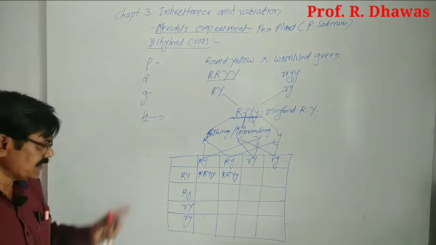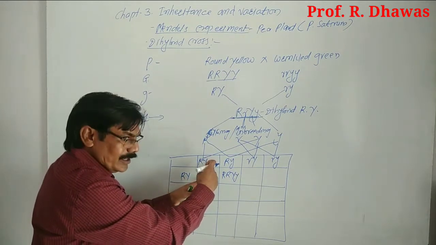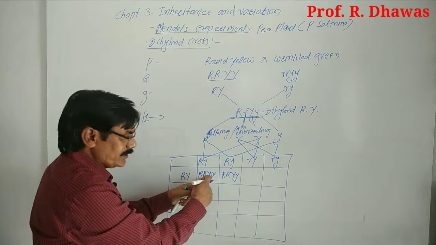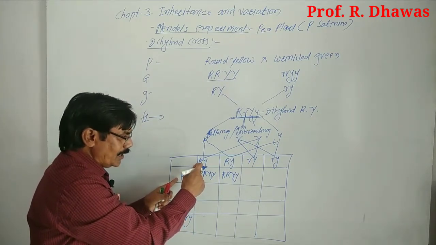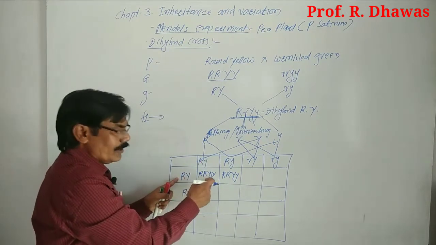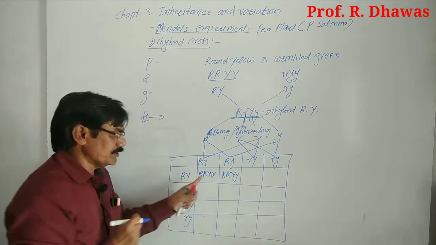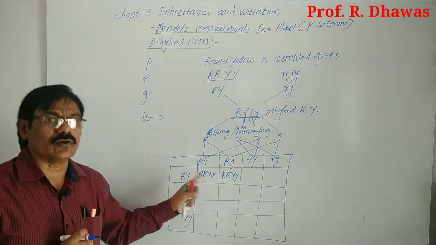How do we write here? This comes downward and that one on the left side. There is a combination of these two. You write this one, but at the time of writing, write R along with R and Y along with Y. Don't write the R with Y, because this is the combination of the alleles on the chromosome.